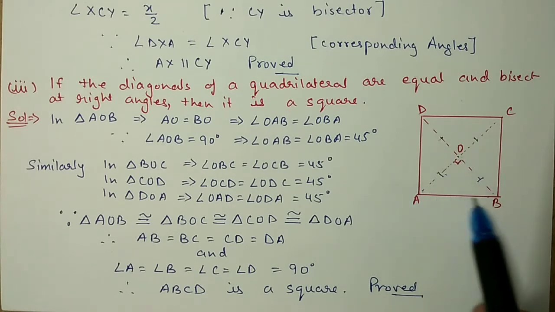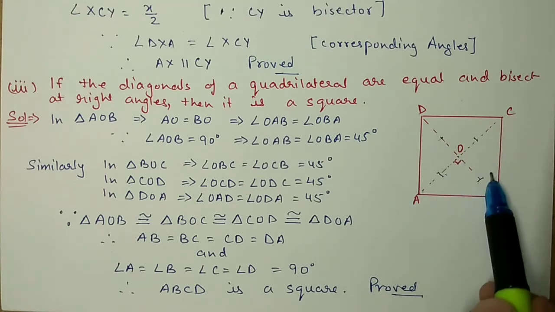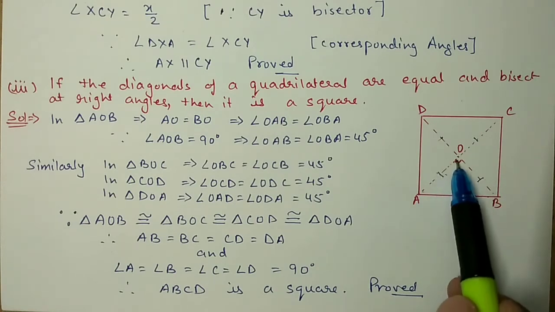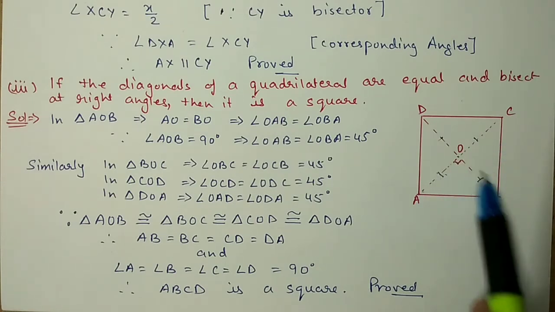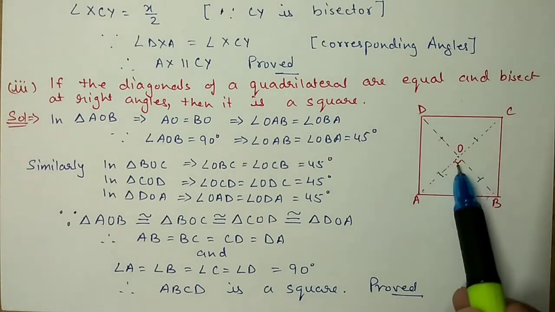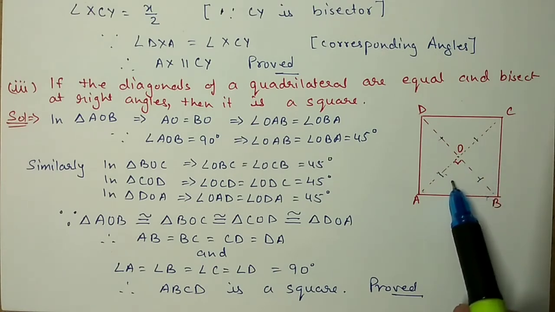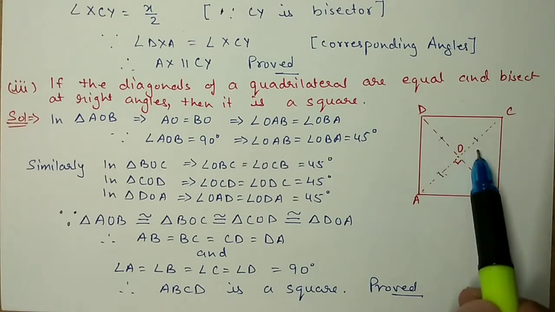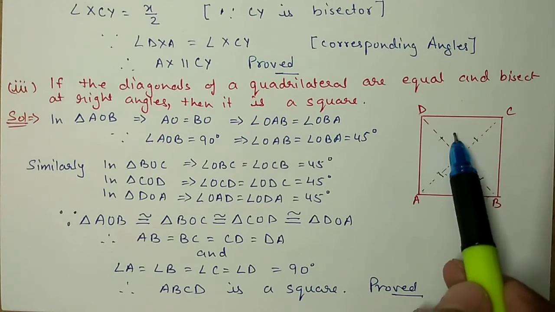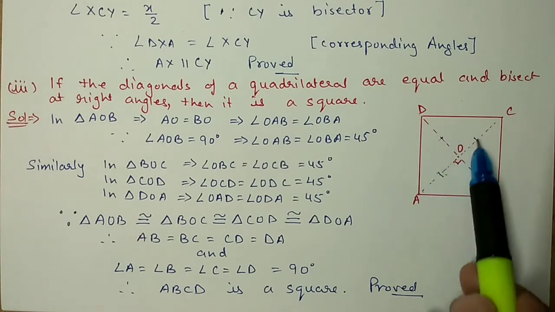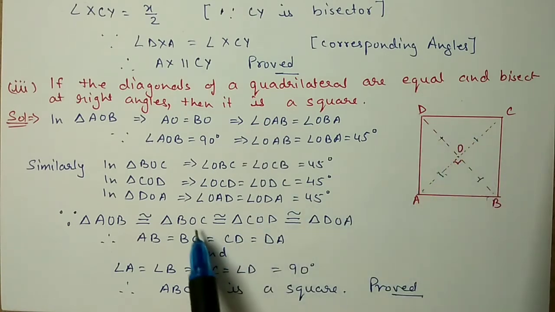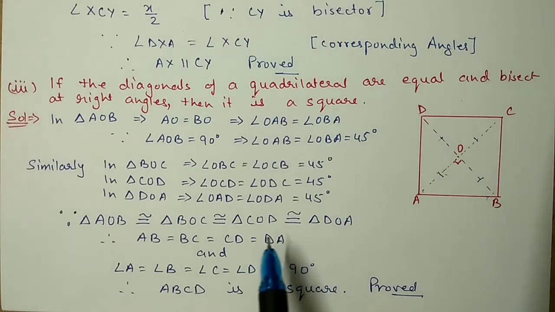Now these four triangles are congruent to each other, because if we compare this triangle and this triangle, this side is common, this angle is 90 degrees, that is also same, so it means these two triangles are congruent. Same way these two are congruent, and same way these two are congruent. So all the four triangles are congruent to each other.